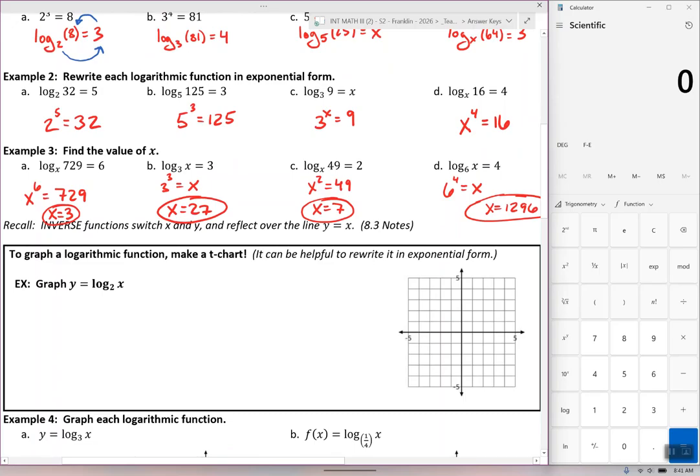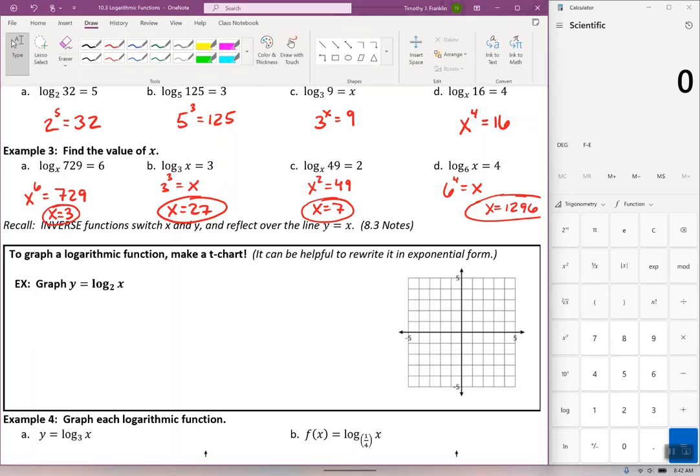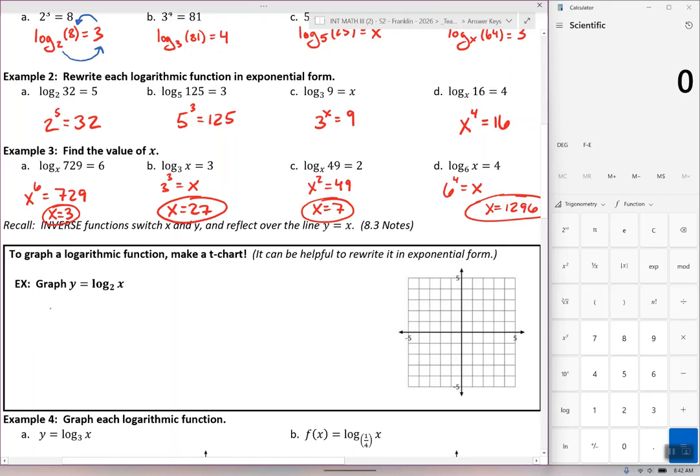Okay, so let's graph a logarithmic function here. Now, recall what we said above. This is an inverse function of an exponential function. So we might have to adjust our process a little bit here. We're going to make a t-chart here, x, y.